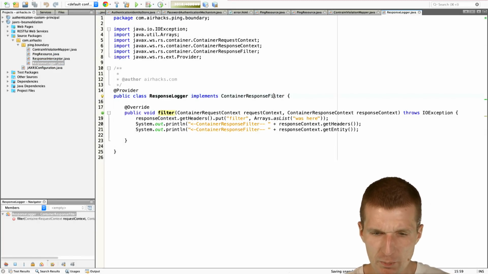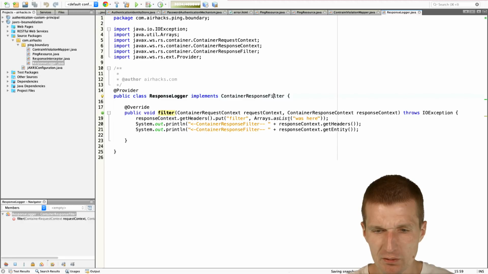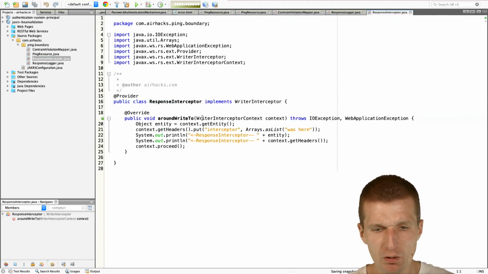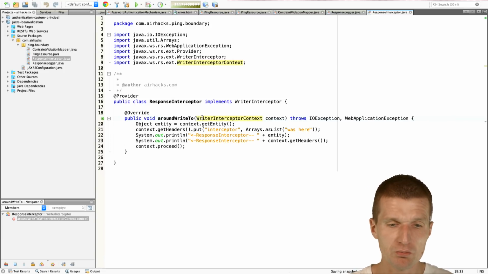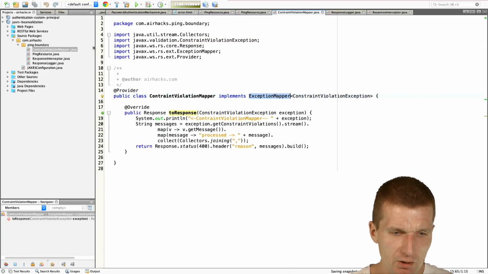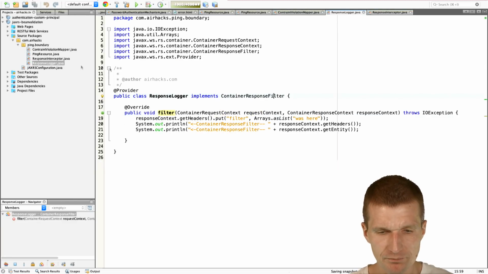In the container response filter, I just added an additional header, put filter arrays as list was here, and the response interceptor was not executed because of the exception. So what it means is we can provide additional information in the constraint violation in the exception mapper, plus we can provide additional information in filters.